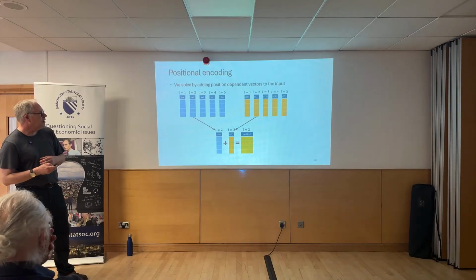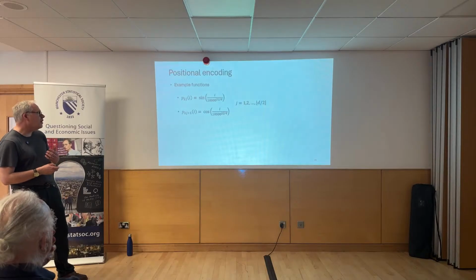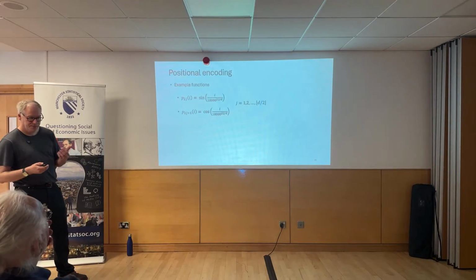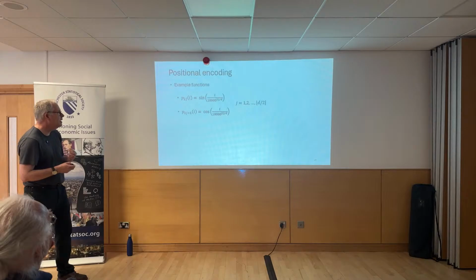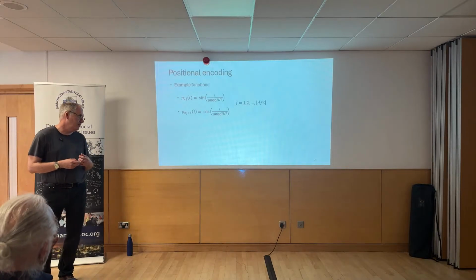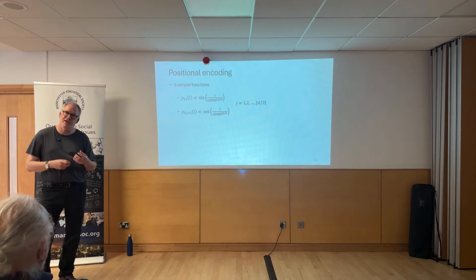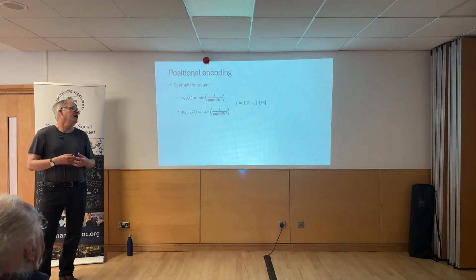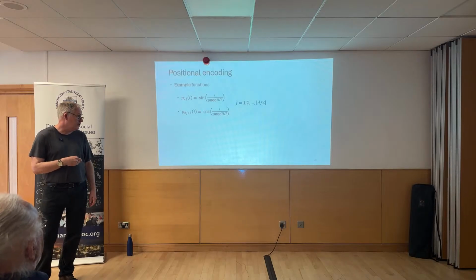So what does that function p look like? It can be very simple. The original "Attention Is All You Need" paper, from Google, which really kick-started the whole LLM process about 10 years ago, used very simple functions. They just used sine and cosine functions.